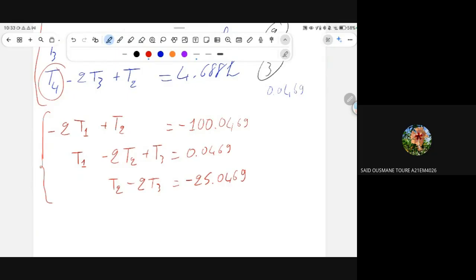Okay. Now you just note them as equation 1, 2, 3. Yes, now go ahead. You're right. So it's minus 99.95.